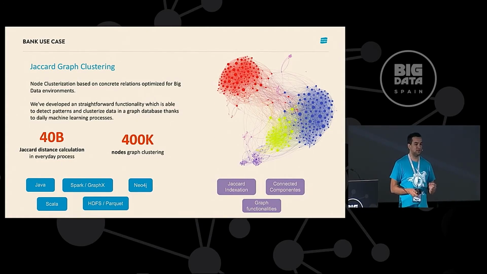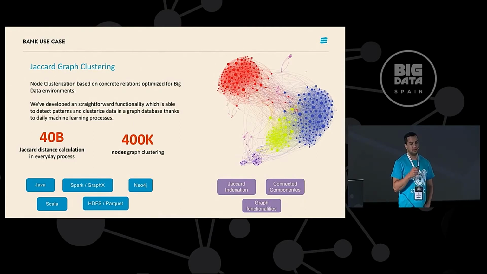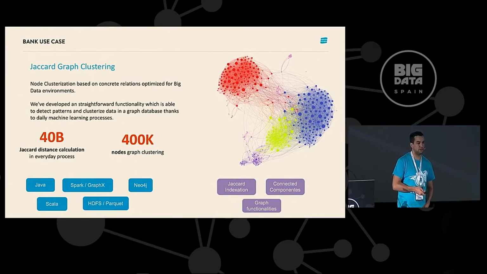The closer to 0, the more equal they are. And thanks to the connected components method of GraphX, we were able to clusterize all this information. This is a process which has been triggered every day during the last year, and every process is composed of 40 billion Jaccard indexations and 400,000 clusterization nodes.